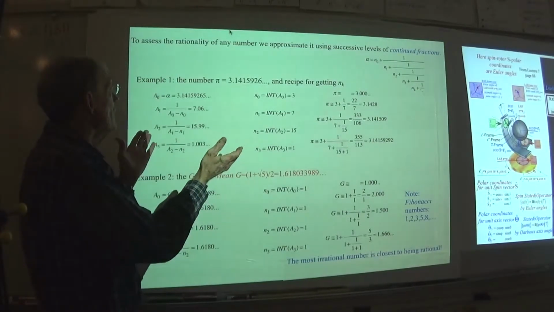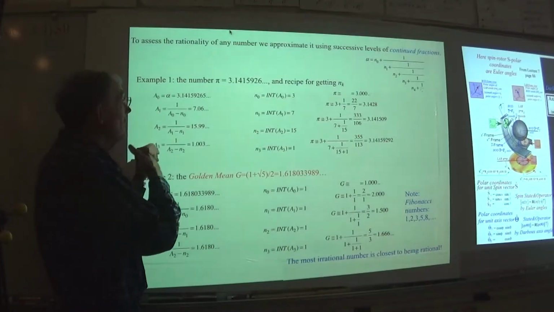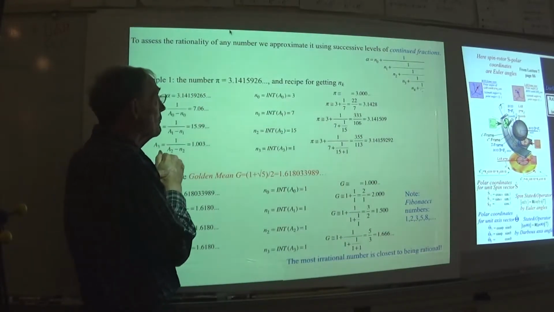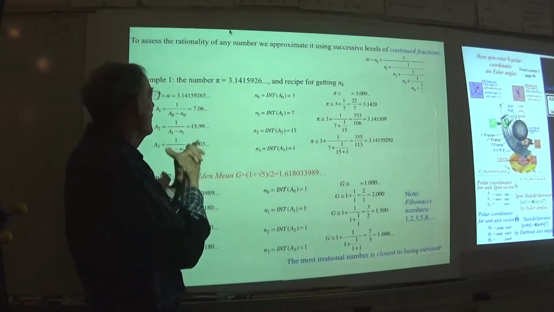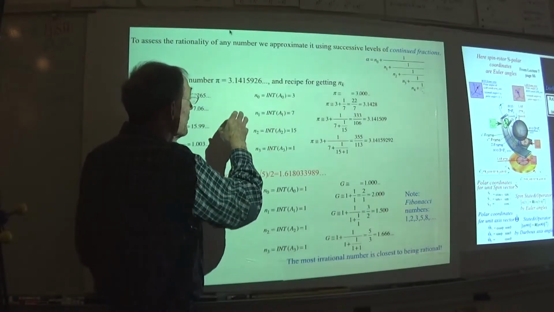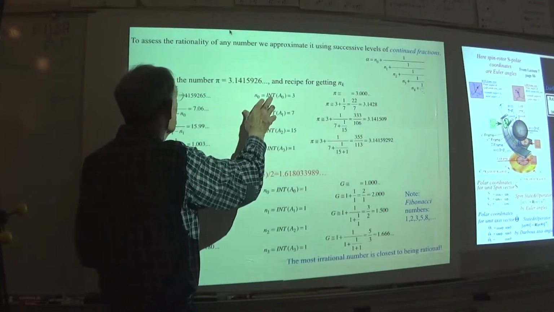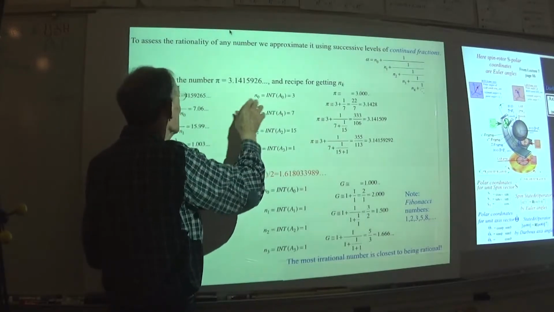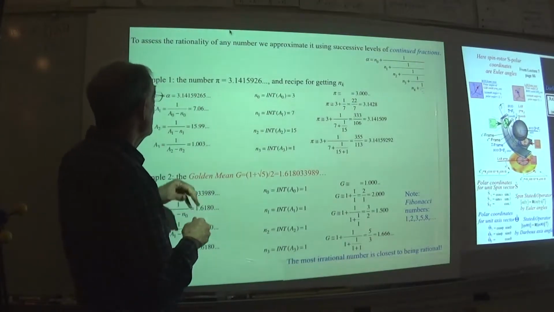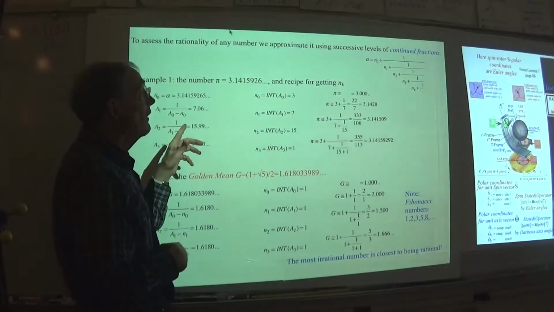So this is the basic idea here, you just keep going. You take the number that you've got for your ratio, and here's pi, that's very irrational, so that will never stop. But what you do is you take the integer of that. You throw everything away except the 3, okay? And then you make something out of that.